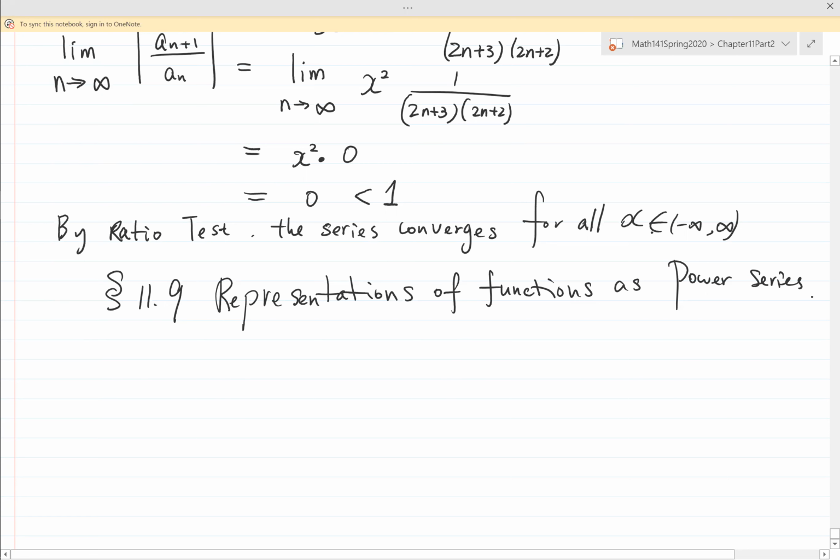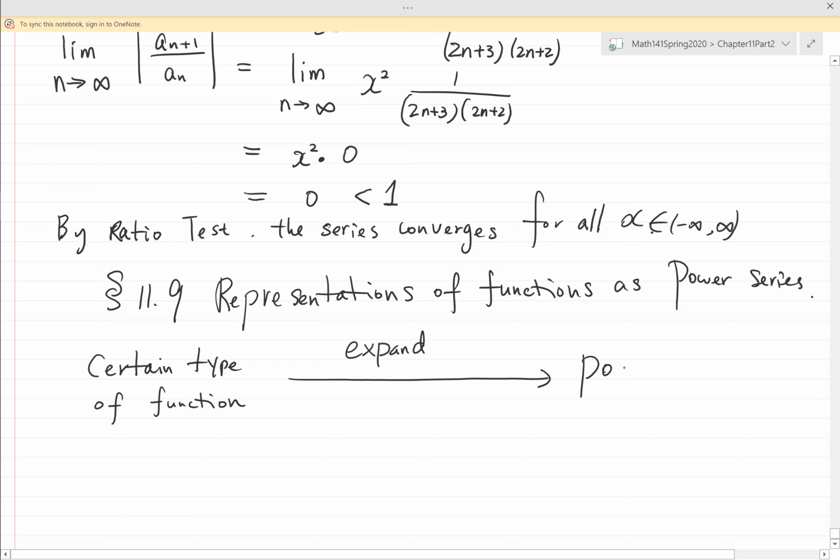So the idea is, we have certain types of functions. We can represent it, or expand it, and then you get a power series. Or you simply view it as an approximation.